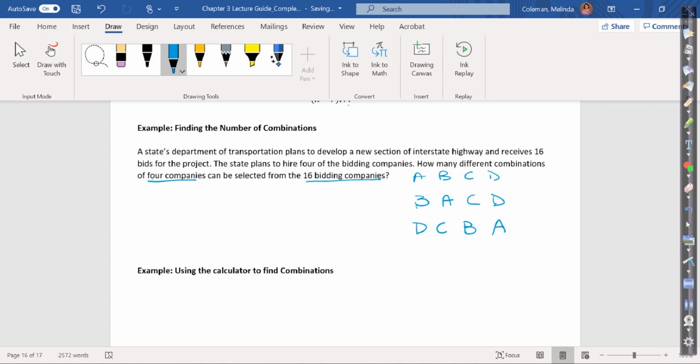So some of the things for combinations would be things like committee work or juries. It doesn't matter the position that the 12 people sit in the jury, it's the same 12 people. Same thing with committees.